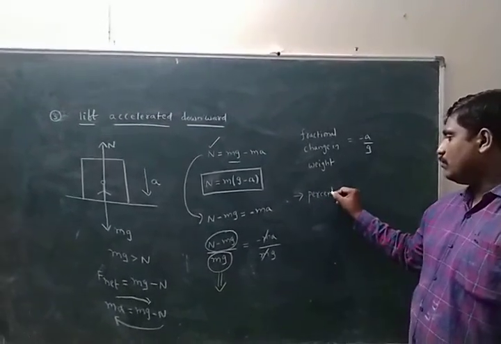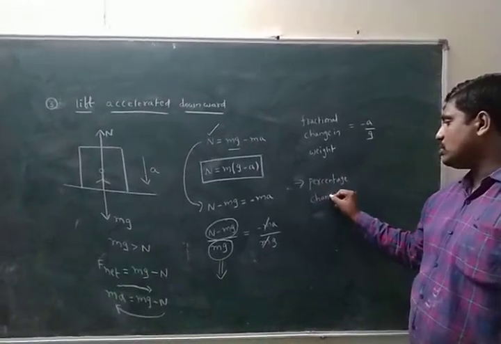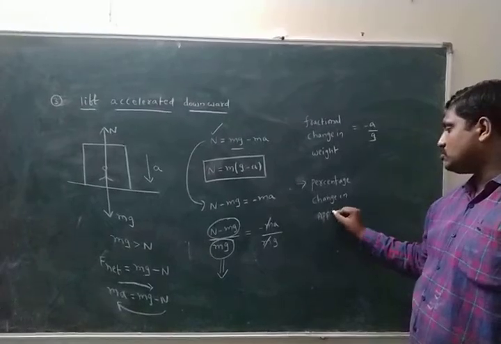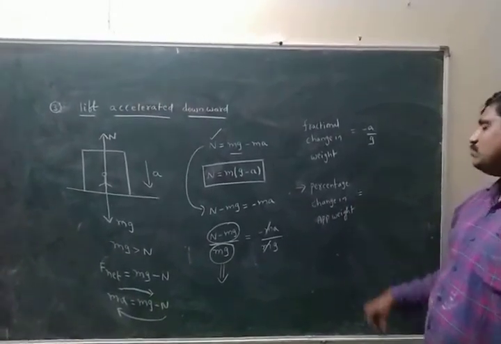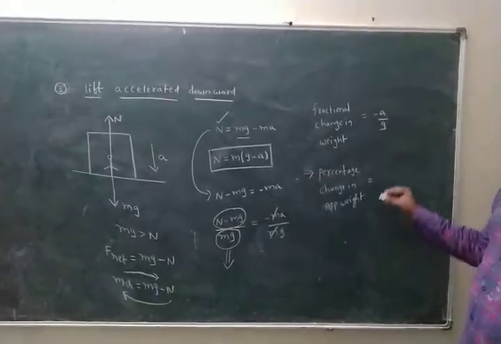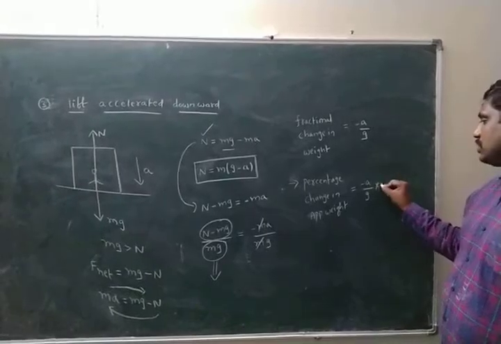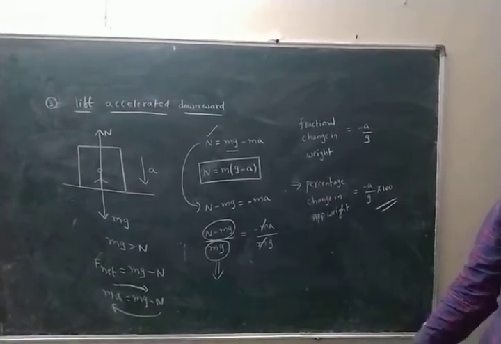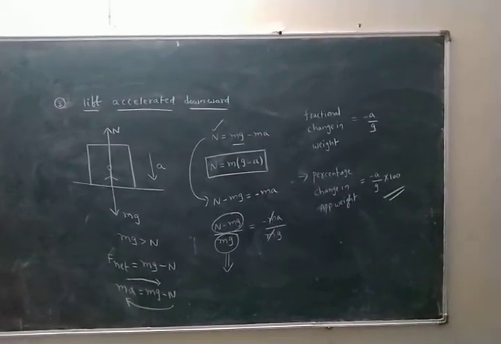Next, percentage change in apparent weight. Percentage means both sides multiplied by 100. That is called percentage change in weight. This is the formula: minus a by g into 100.